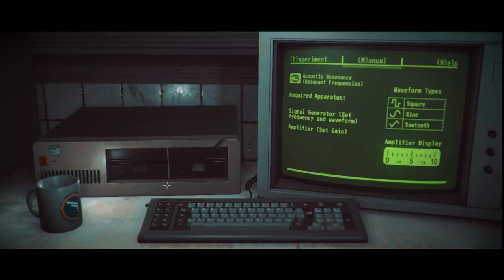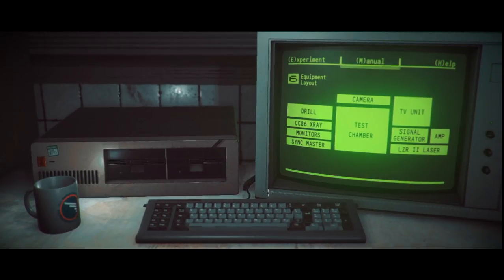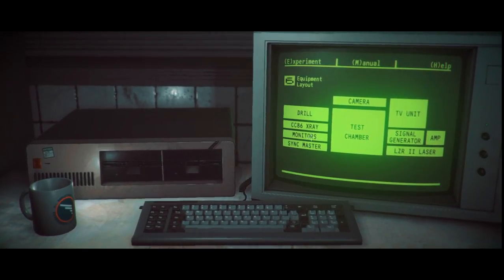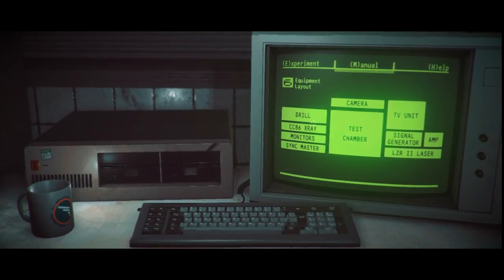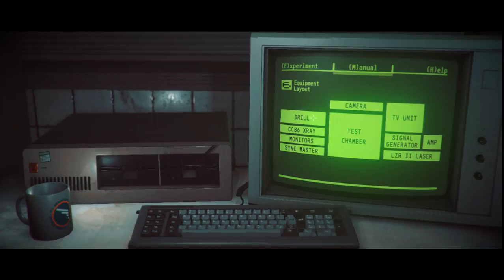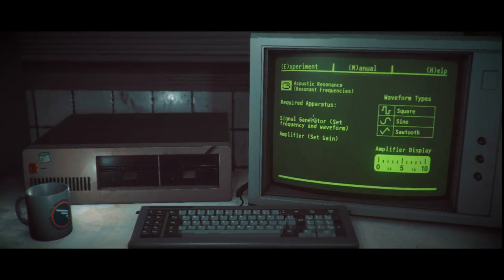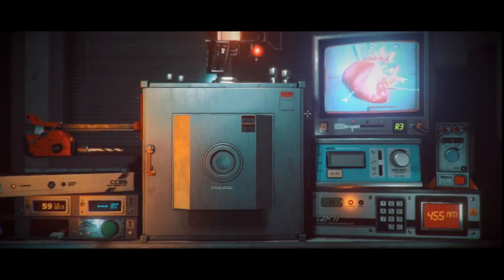So we're going to use the video in, signal generator, amplifier. And we know monitors must be on. We're not using X-ray, we're not using drill. So we can turn off the laser. Common sense here.